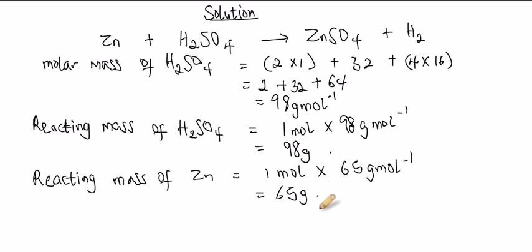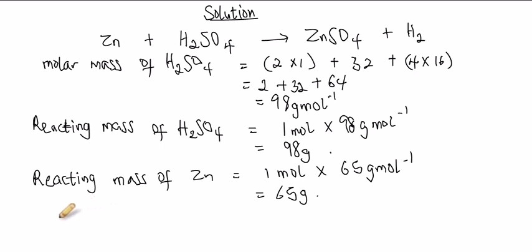So what we've just done now is based on the equation written above. Now, according to the information given, that 10 centimeter cube of 1 molar tetraoxosulfate 6 acid, we need to calculate the number of moles of H2SO4 and determine the mass that was given to react. So from there, we'll now know the exact amount of zinc that will be needed in the reaction before moving to the final stage of the solution.